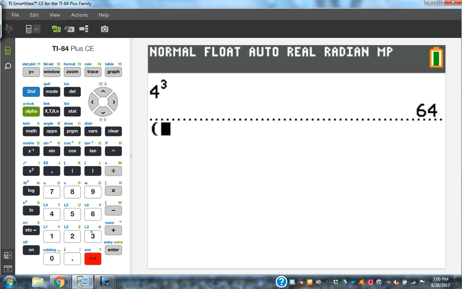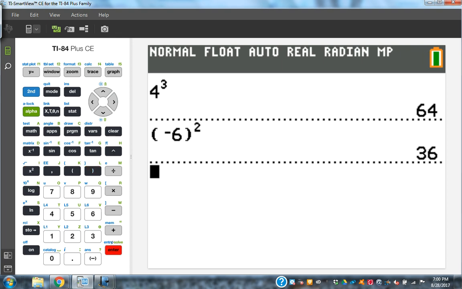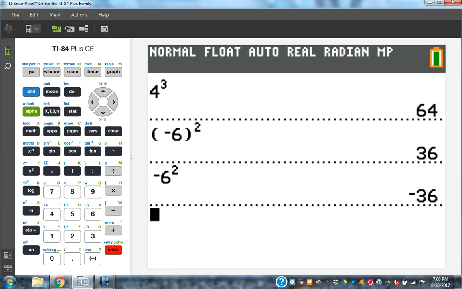If I put -6 in parentheses and then square it, the squared button is over here on the left, I get positive 36. If I don't put the parentheses, it gives me -36, which is not correct. It is very important that if you're squaring a negative number, you put it in parentheses.